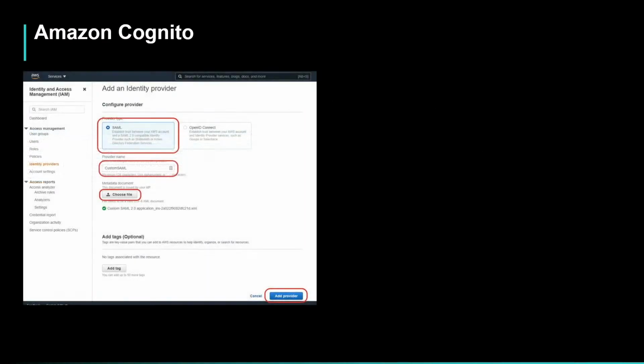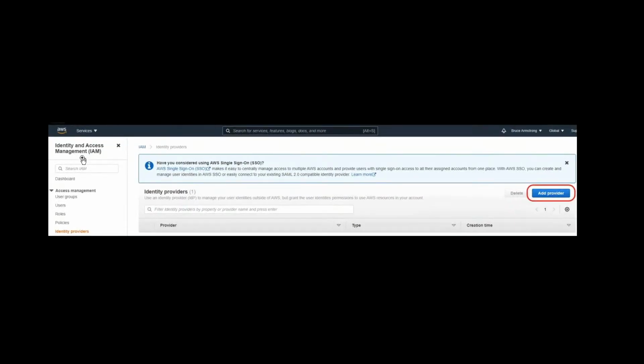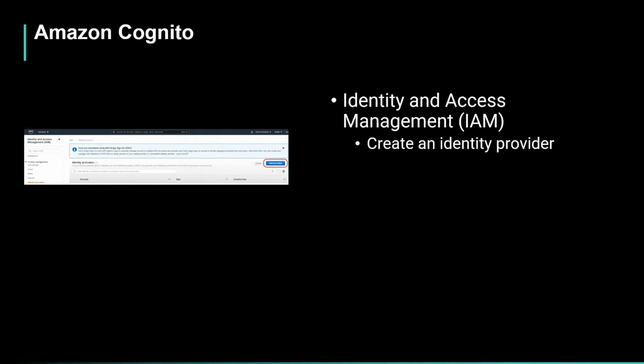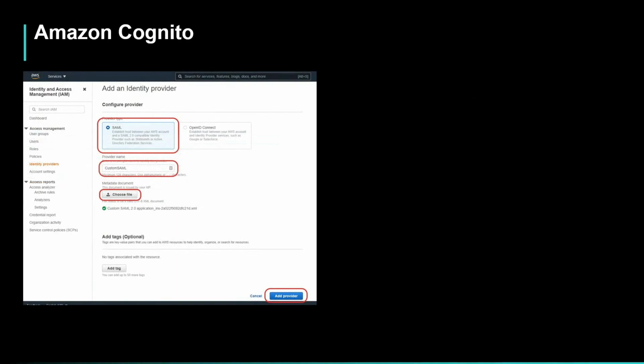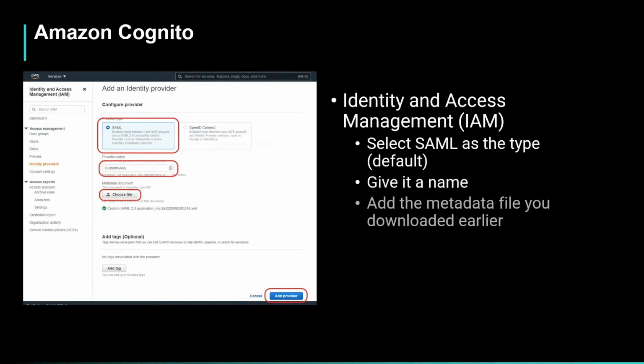Now we have to go into Identity and Access Management and create an identity provider. Let me zoom in there real quick. Yeah, so there's add provider. And give it a name. This is one of the places that we're going to use the metadata file that we just downloaded from Amazon SSO.